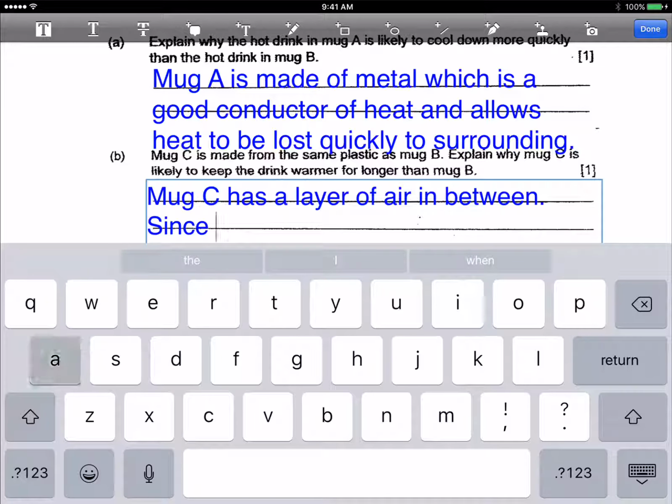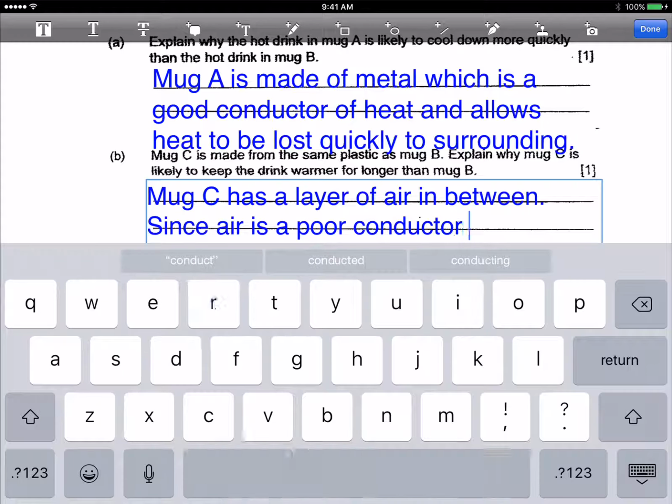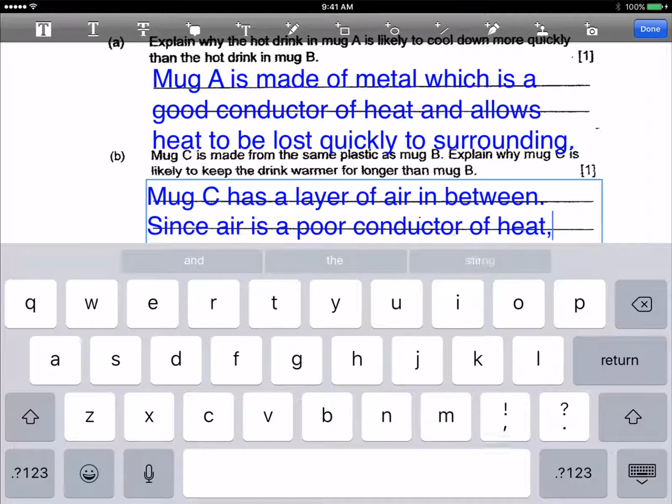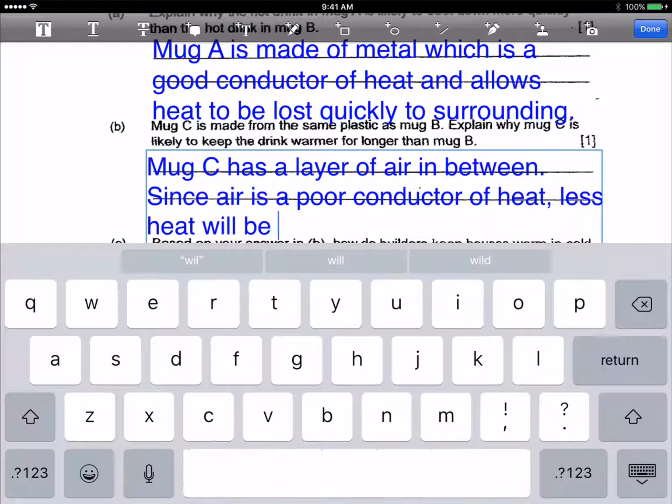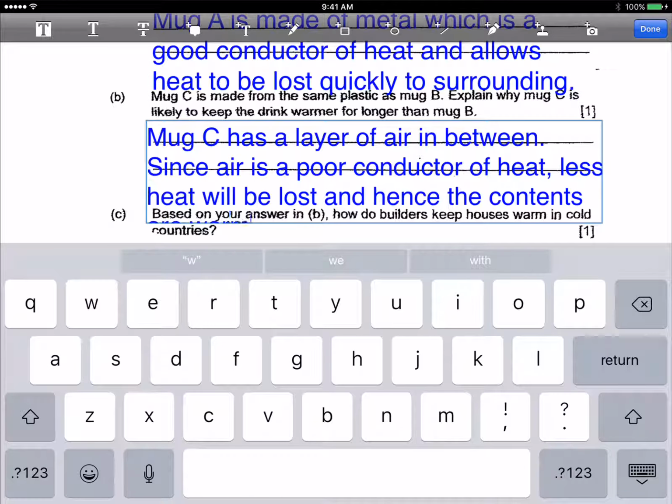Since air is a poor conductor of heat, less heat will be lost, and hence the contents are warmer.